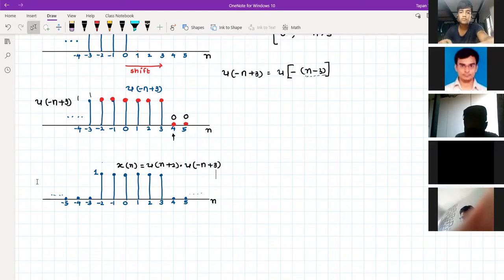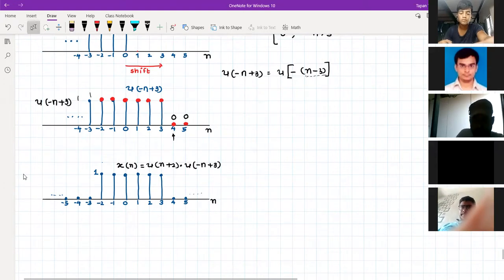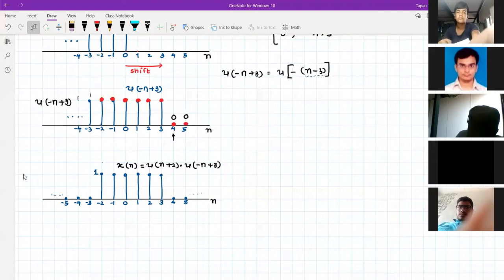So we are doing examples which are once in a while asked in the examination. But you must be able to perform any such operation if you are asked to.